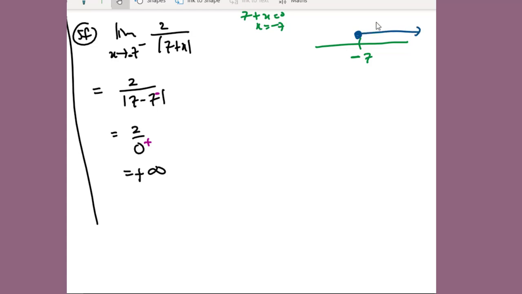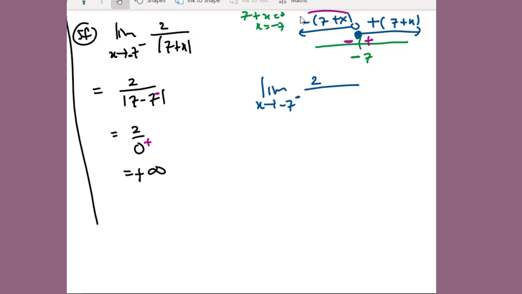To the right, 7 plus x is positive. To the left, it is negative 7 plus x. So for this function, limit of 2 over the absolute value as x approaches negative 7 from left, negative 7 from left is this one, so we take the negative.